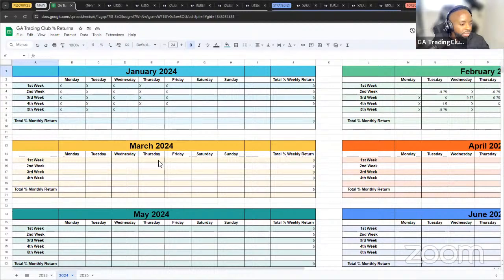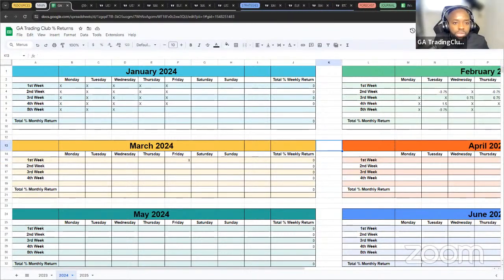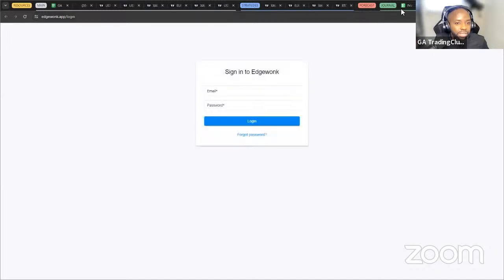So the first trading day of the month of March is no trades today. If we would have taken the EU and US 30 trades, we could have started the month off with a 3% gain, but unfortunately, no official trades. Even in my journal, my 200K is at break even.